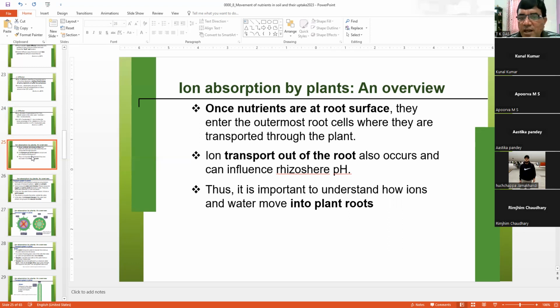Once nutrients are at the root surface, they enter the outermost root cell. They will begin from the epidermis, the outer layer. From there they will enter the cell wall, and then the cortex, and so many other things. You will learn this now. Once nutrients are at the root surface, they enter the outermost root cells where they are transported through the plant.